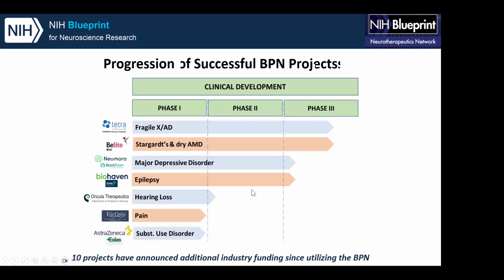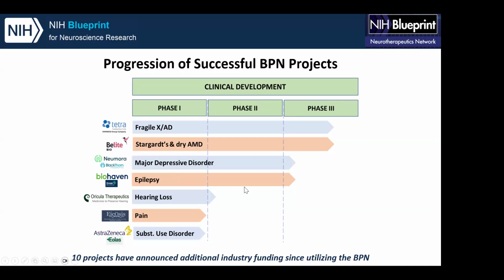So the program has, as I said, been around for 13 years. These are some of the projects that have progressed into the clinic. Some of these are from the beginning of the program. Some of these are from midway through the program. But you can see at this point, we have 4 assets that started in BPN as exploratory discovery projects in most of these cases, and are now in phase 3 clinical testing.